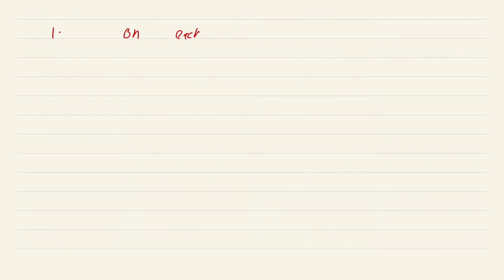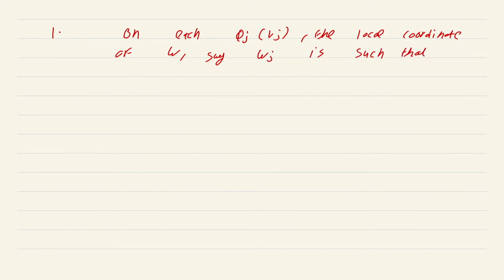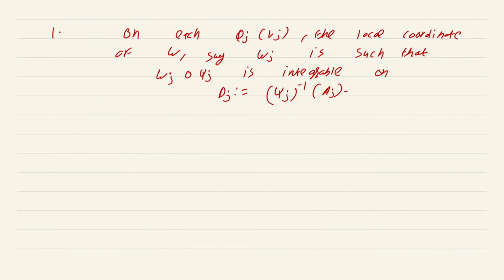Then we have in fact three conclusions. On each psi_j of V_j, the local coordinate of omega, say omega_j, is such that omega_j composed with psi_j is integrable on D_j, which is by definition psi_j inverse of B_j. Second, the sum over j of the integral over D_j of the modulus of omega_j composed with psi_j is less than infinity.